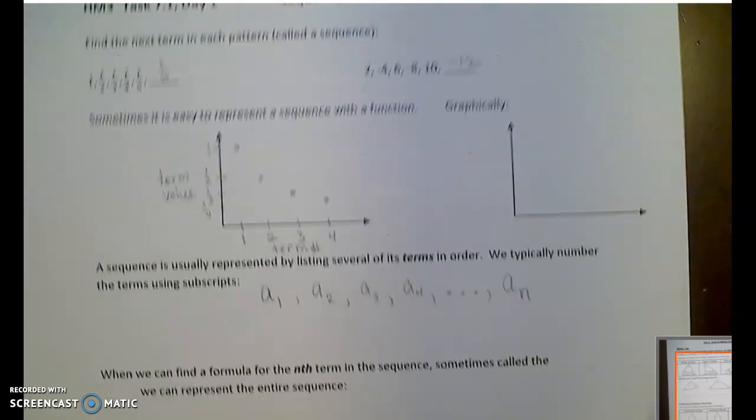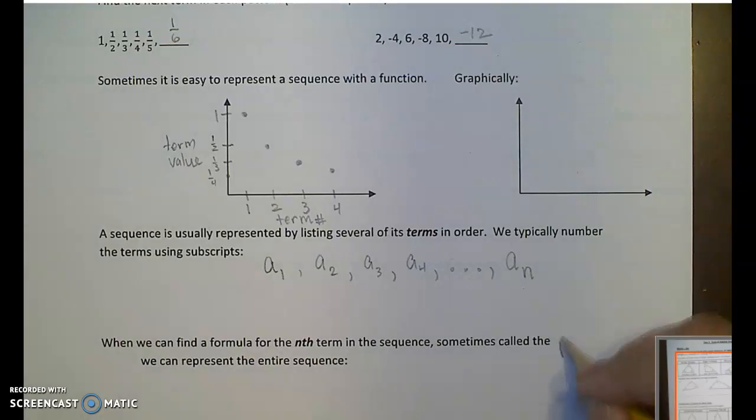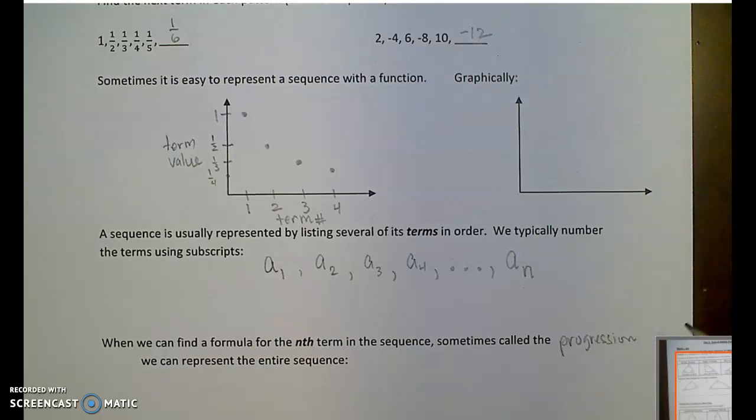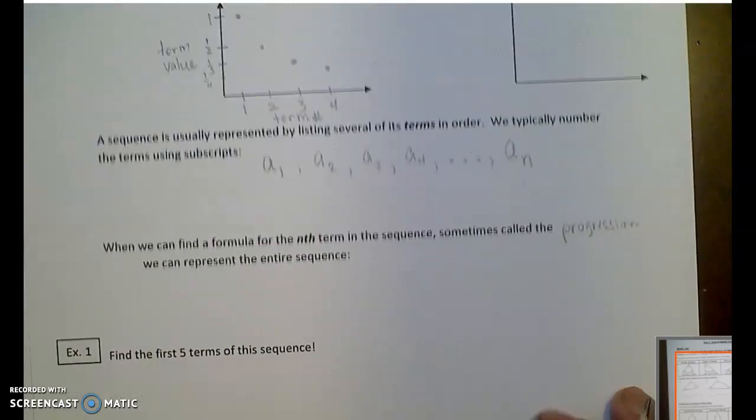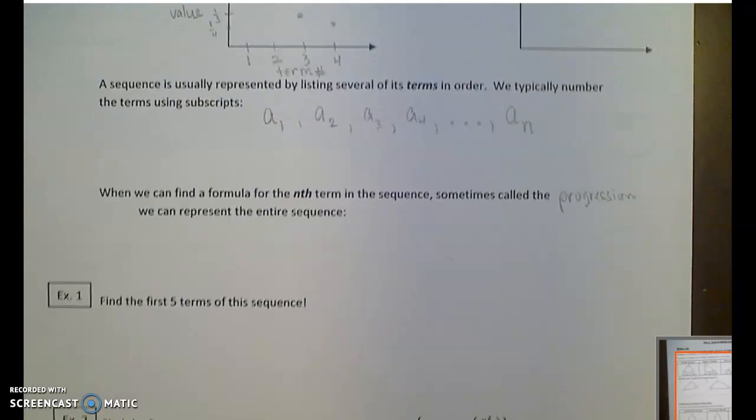When we can find a formula for the nth term in the sequence, sometimes called a progression, we can represent the entire sequence with that formula. So let's move on to example 1. It says find the first 5 terms of this sequence.